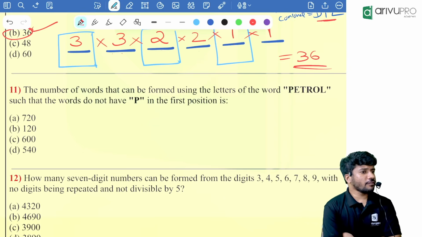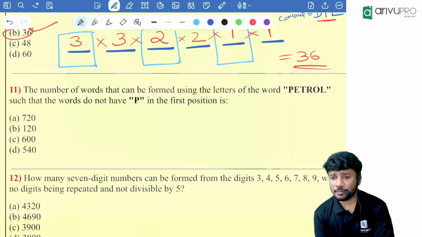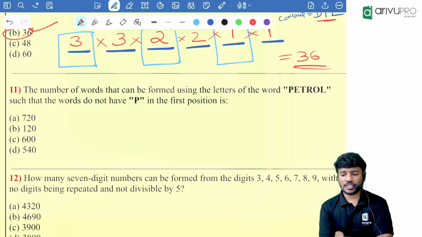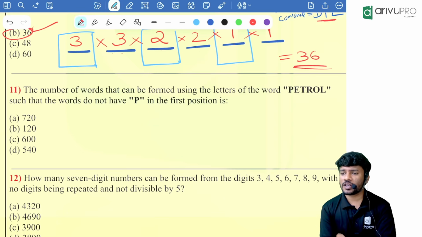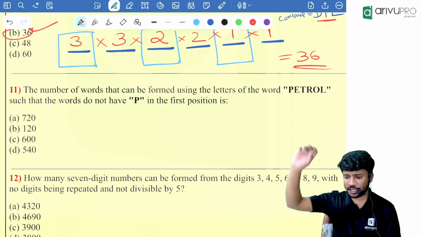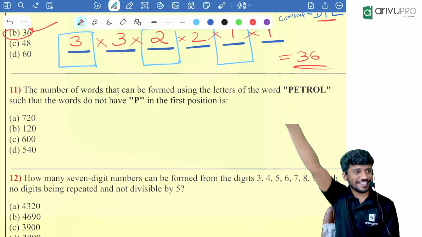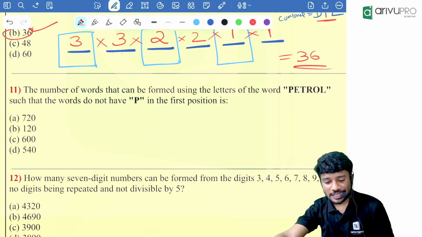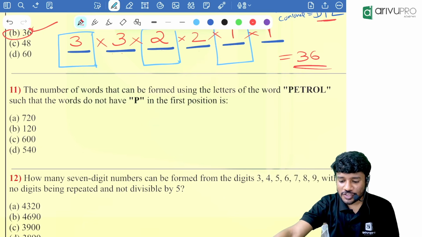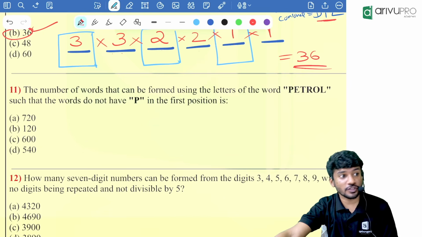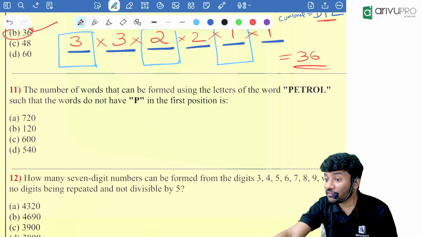The number of words that can be formed using the letters of the word petrol. How many letters are there in petrol? 6 letters are there. Such that the word should not start with P, or P should not be there in the first place.